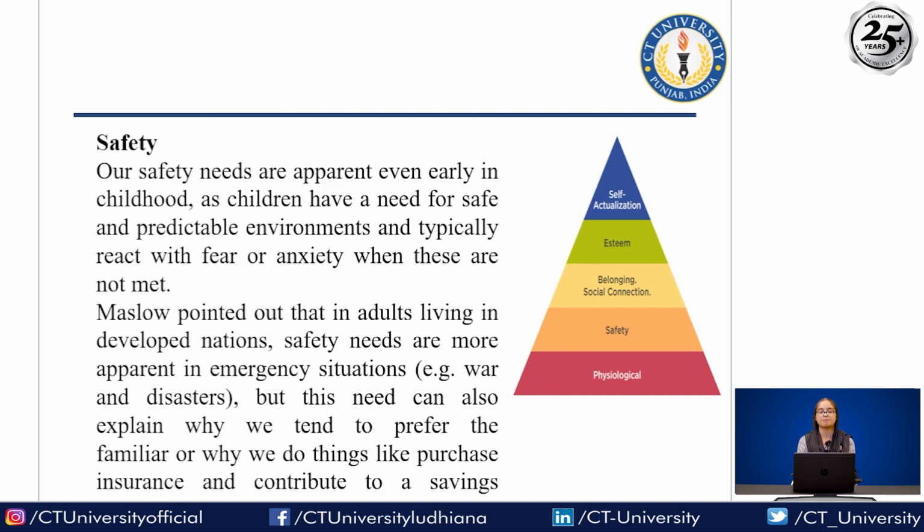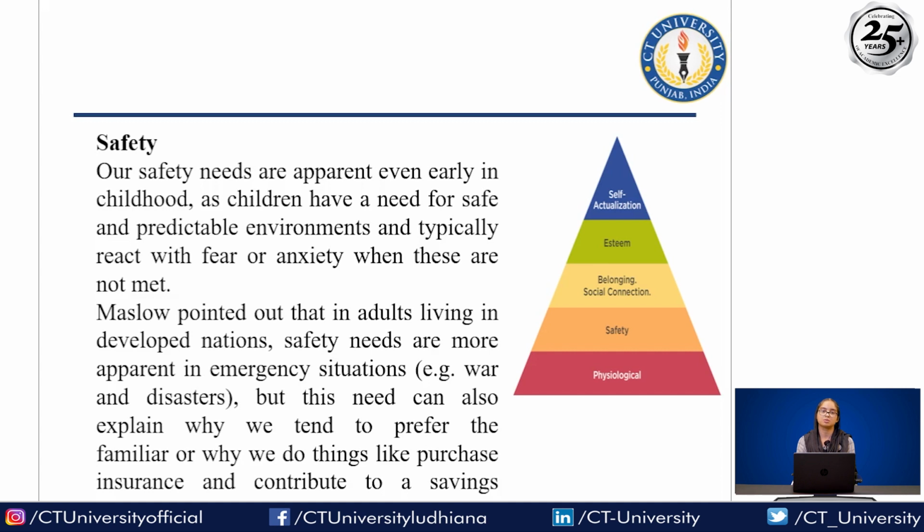Next is safety needs. Our safety needs are apparent even early in childhood, as children have a need for a safe and predictable environment and typically react with fear and anxiety when these needs are not met. Maslow considers that safety and security needs arise whenever the basic needs are fulfilled. Once those needs are fulfilled, a person tries to achieve a secure life.